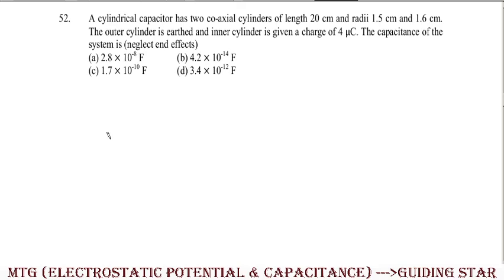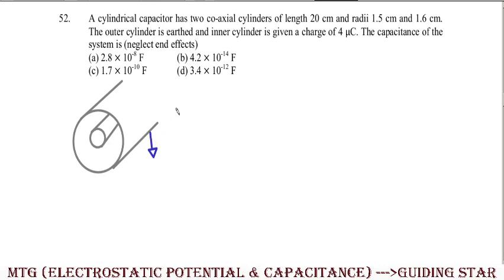So in this particular case, suppose we take coaxial cylinders, this is the inner cylinder and let this one be the outer cylinder. Here it is saying that the outer cylinder is earthed.